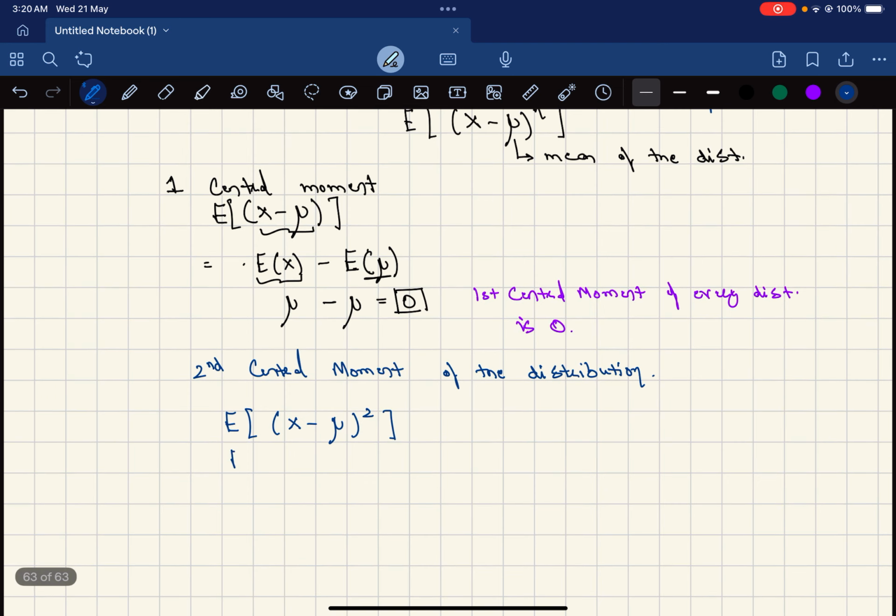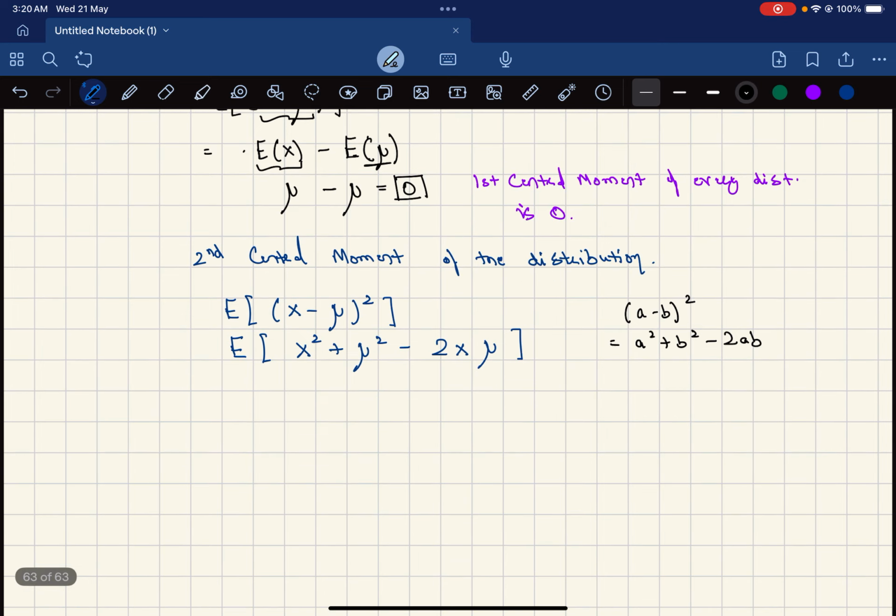Now this can be written as the expected value of X square plus mu square minus 2X mu. This is because we use the algebraic identity, which states that (a minus b) whole square is a square plus b square minus 2ab.